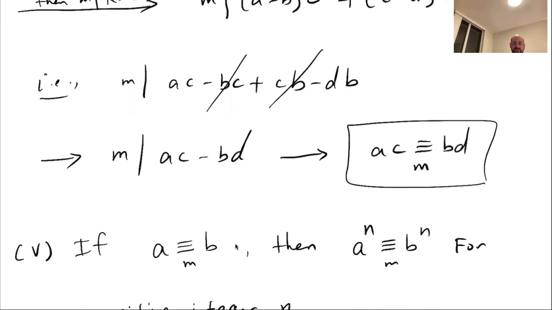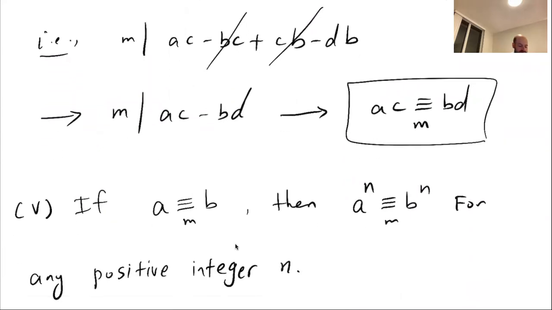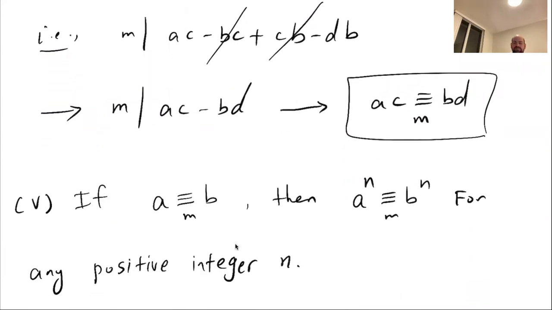Now, the next property is very interesting. It says if you have a congruence, A is congruent to B mod M, then you can raise both sides to the power n for any positive integer n. So this property says we are allowed to raise both sides of a congruence to any power that we want.